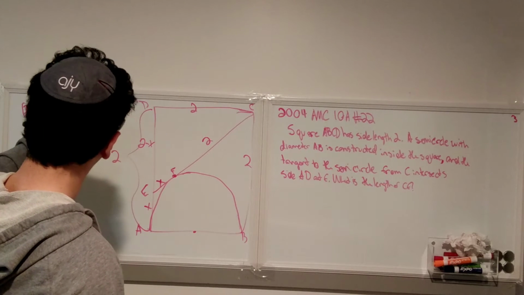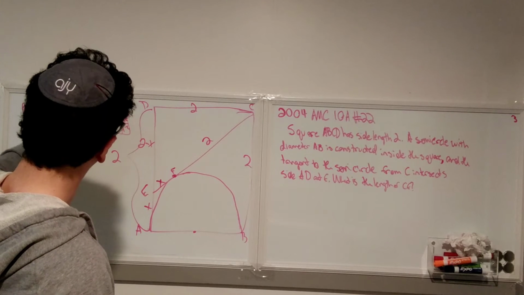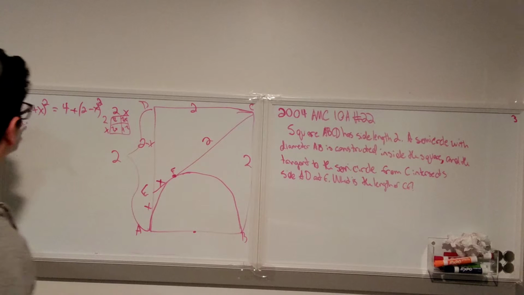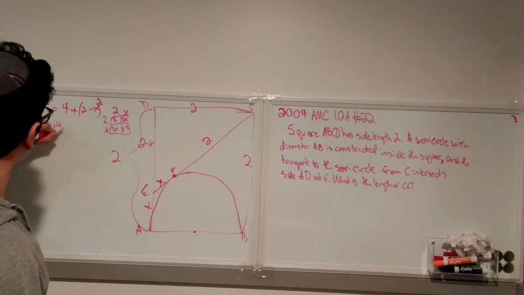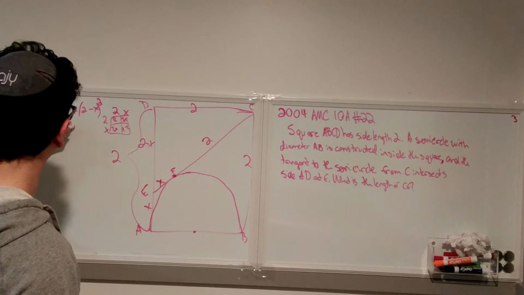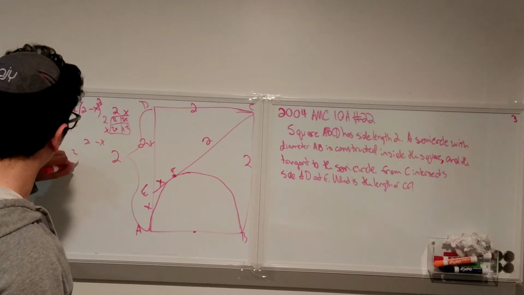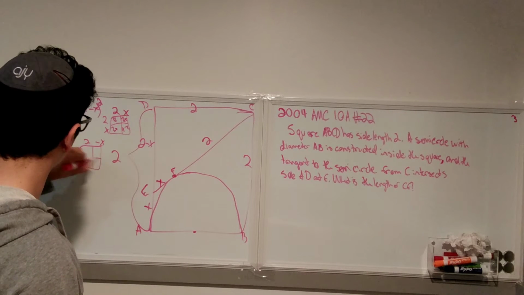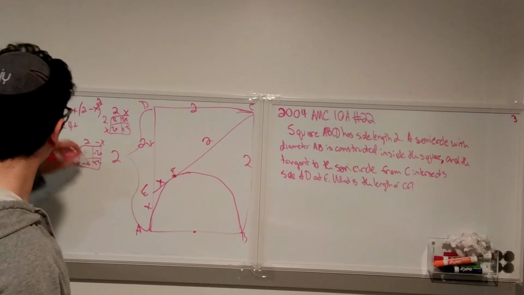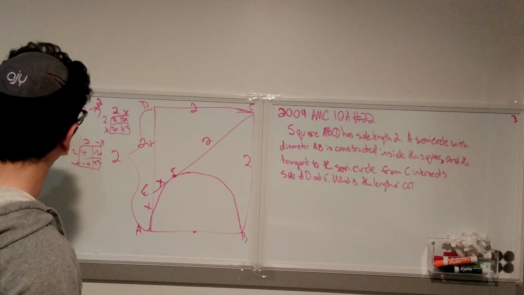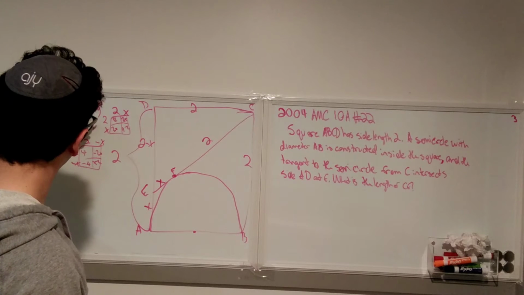So I have x squared plus 4x plus 4 is equal to 4 plus, and then 2 minus x times 2 minus x: 4 minus 2x minus 2x plus x squared. So it's 4 plus 4, so I'm just going to say 8 plus x squared minus 4x.